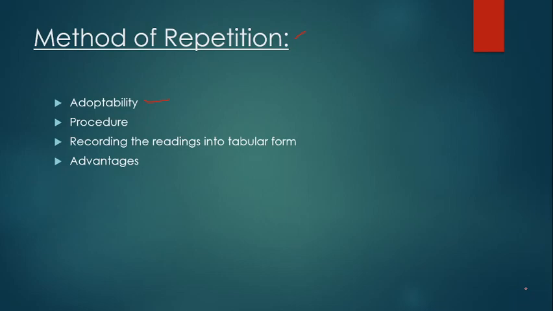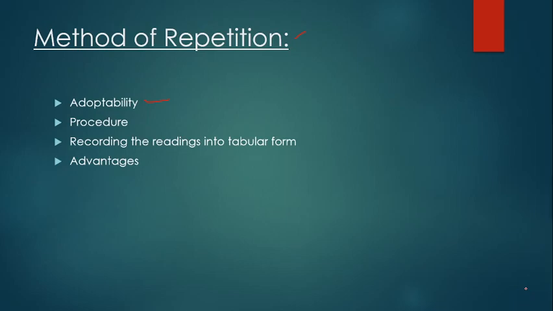Now, error due to eccentricity of centers, that is of the verniers, is eliminated by reading both verniers. So if the two verniers are eccentrically placed, then the eccentricity is eliminated in the repetition method. And error due to the line of collimation not being perpendicular to the transverse axis of the telescope is also eliminated by taking both face left and face right readings.